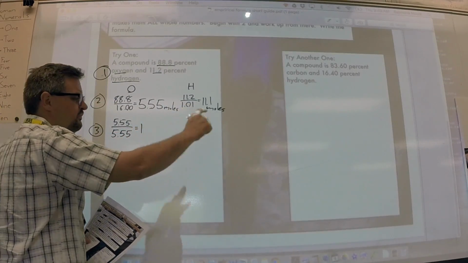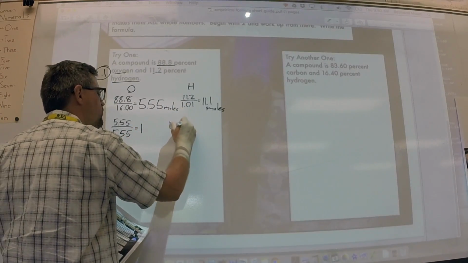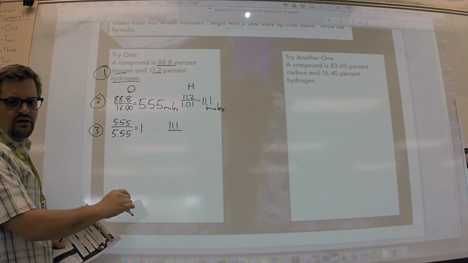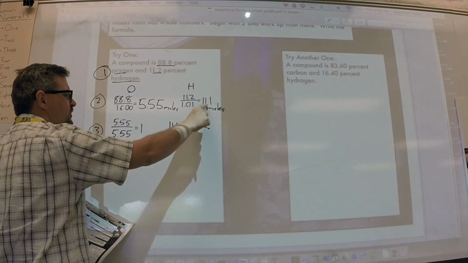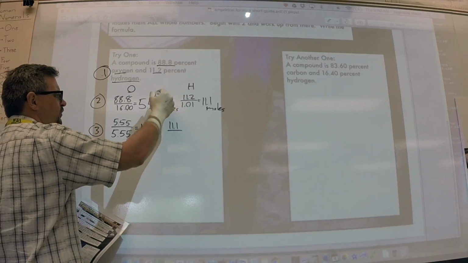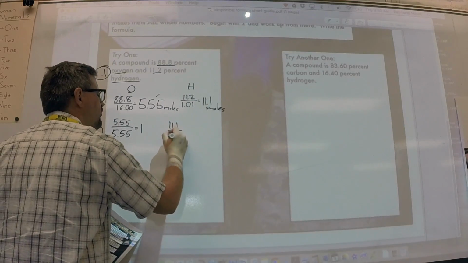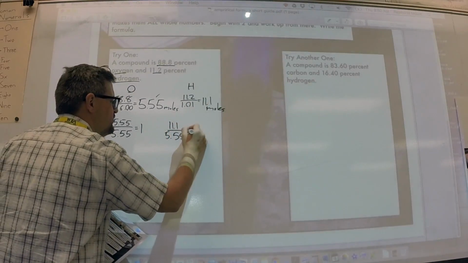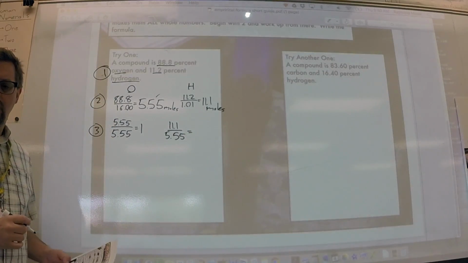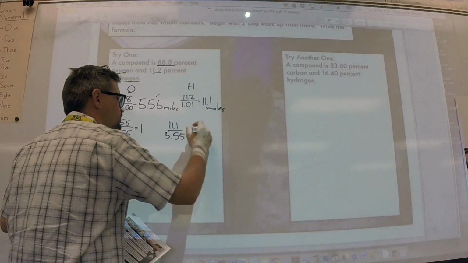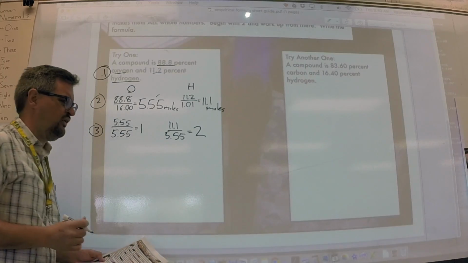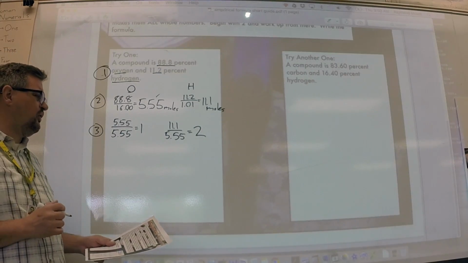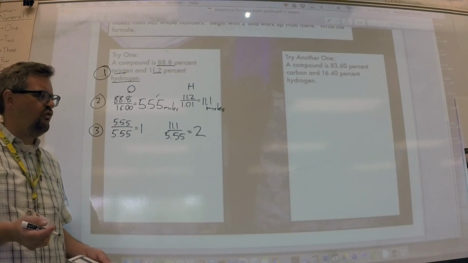For the hydrogen, we'll do the same: 11.1 divided by the lowest of these 2 numbers. Again, the lowest is 5.55, so 11.1 divided by 5.55. When you do that, you get 2. Actually, I think it's like 2.00 something, but you can round that to 2.